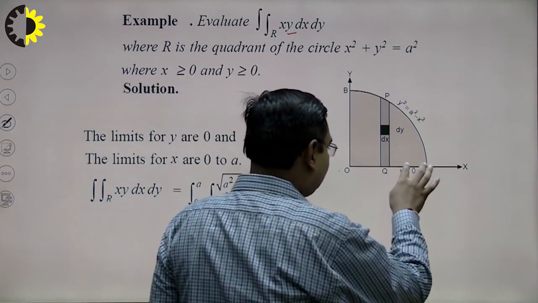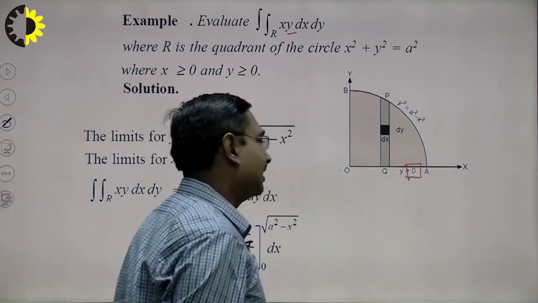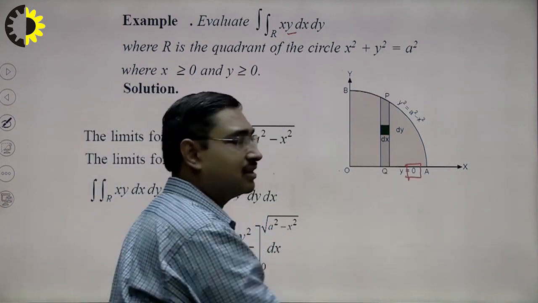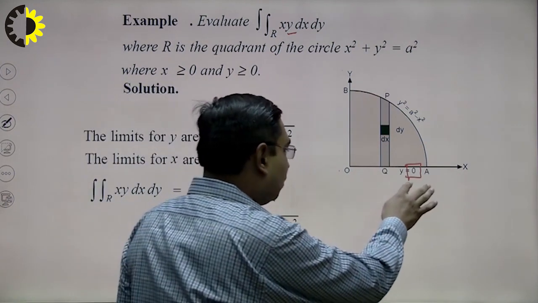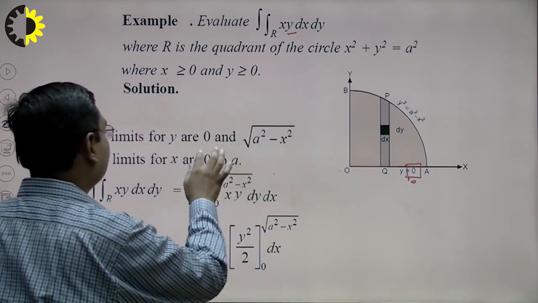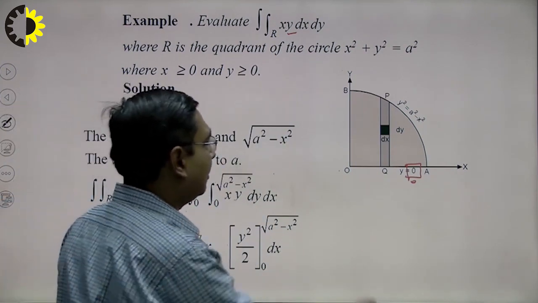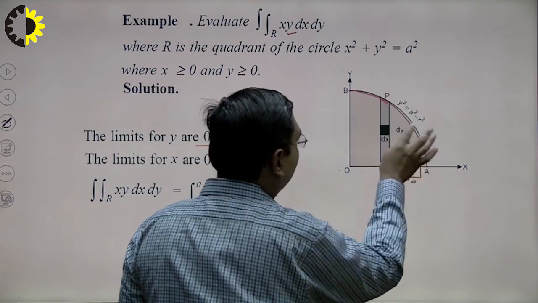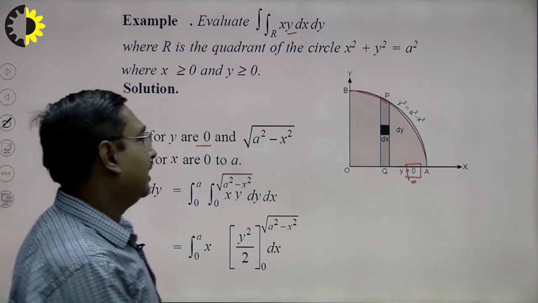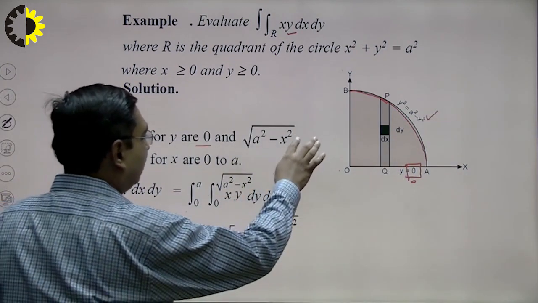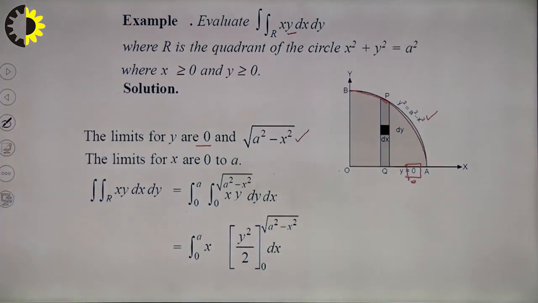The lowest point of this vertical slice lies on the x-axis. Its equation is y equal to 0. So, the value of y given by this equation is 0, which was the lower limit of y. The highest point of this strip was lying on this circle, and from the equation of the circle I calculated the value of y, which became the upper limit of y.